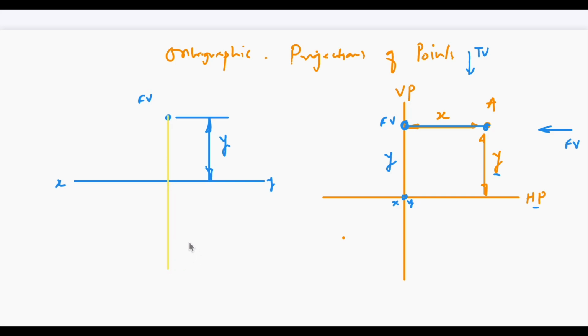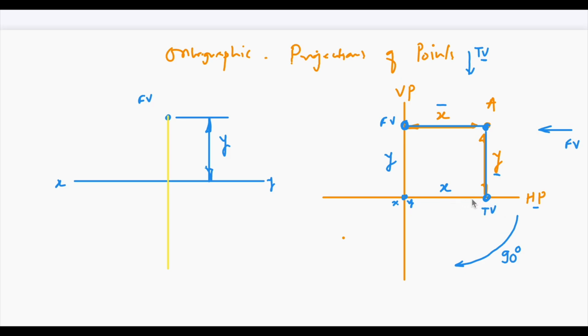Now on this vertical projector somewhere you are going to get its top view also. So for top view, look in the top direction. It will be projected on this horizontal plane. Point A is x distance in front of vertical plane, so this is top view and it will be at a distance of x from xy. But we know that whenever any view appears on a horizontal plane, the plane is to be rotated in clockwise direction by 90 degree.